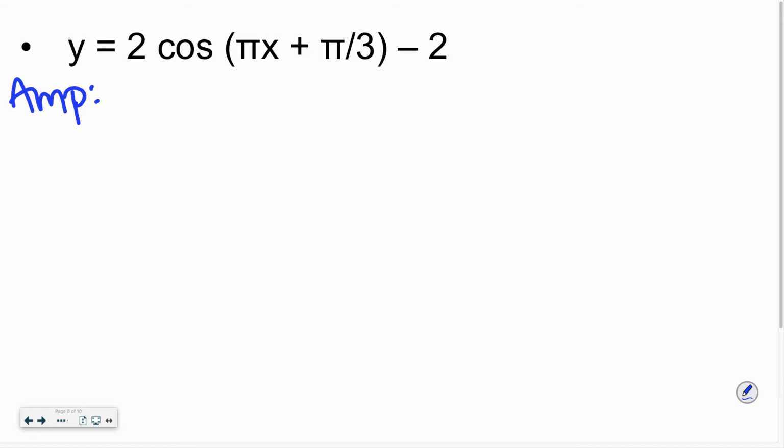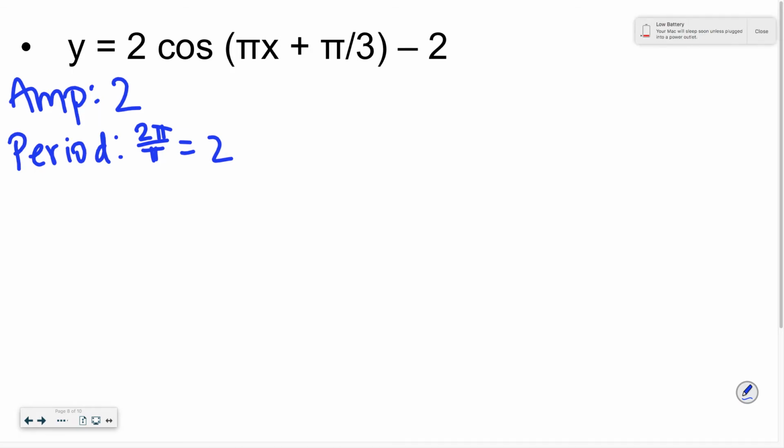Devin, what is it? The amplitude is 2. Good. The period. Kaylin, what's the period? 2. If we take 2 pi divided by b, we end up with 2 because b is pi, which is strange, but it happens. It's fine.